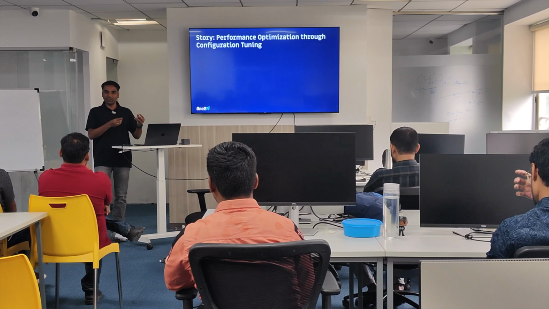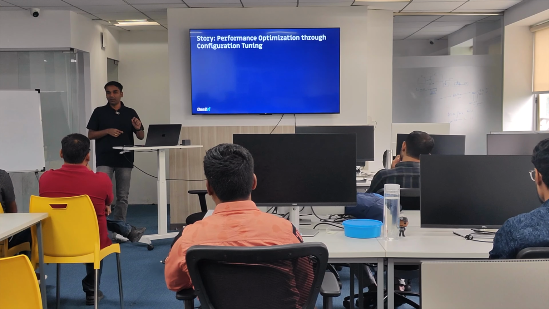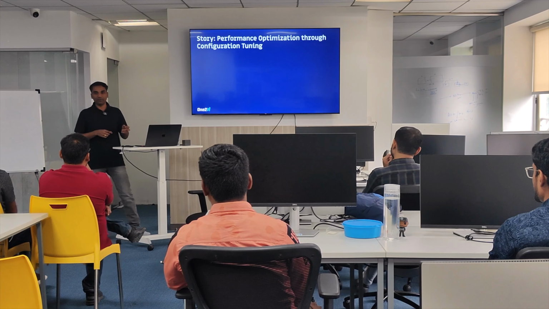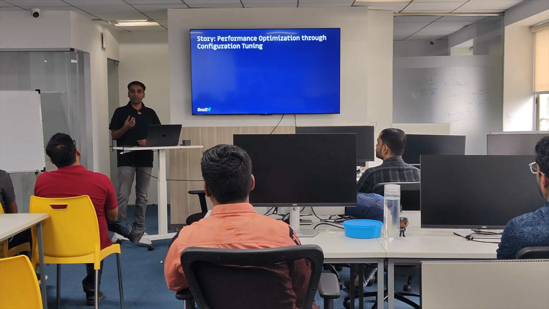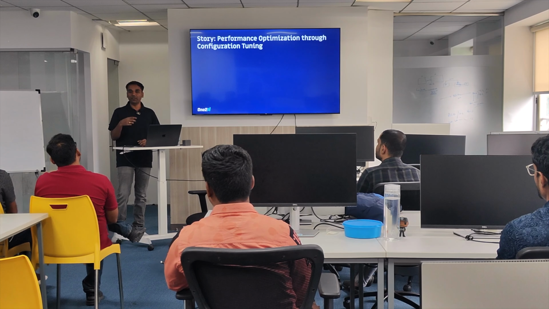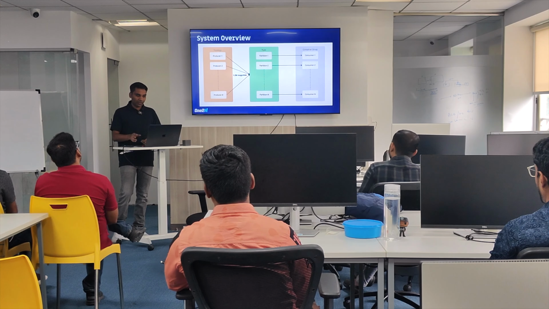How do you know that this value for this particular configuration works well for your environment? That is most of the time challenging, and you will not get the actual performance with the default configuration all the time. So yeah, that is the background.